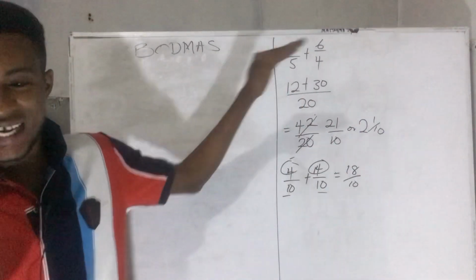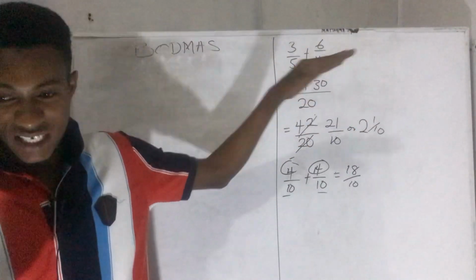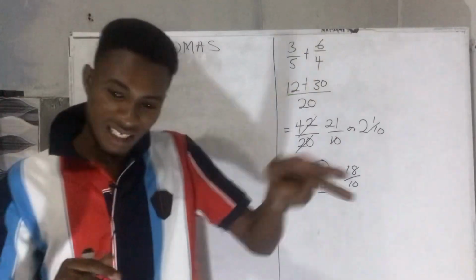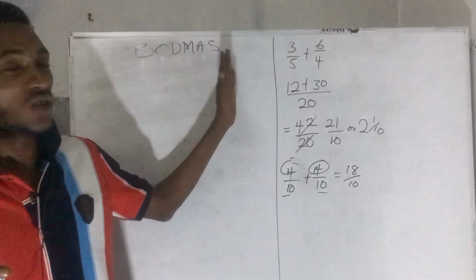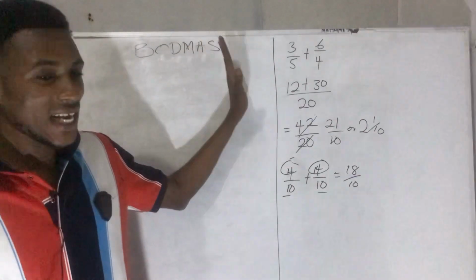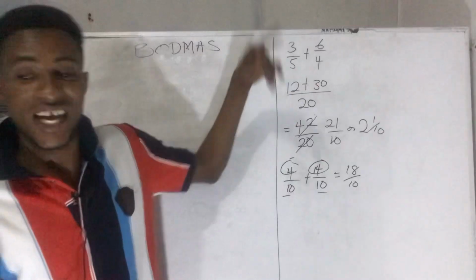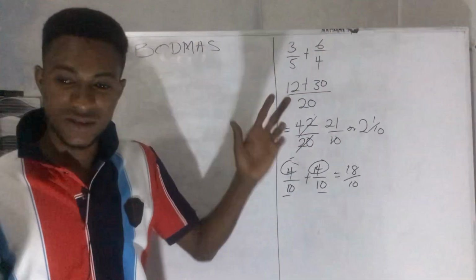You just multiply them direct. In multiplication, you multiply numerator by numerator, denominator by denominator. If you see any two terms common, cancel them out with a common factor. Then when you come to division, maintain the first one, change the sign, and reciprocate the second one. Then you multiply them direct, and you go.